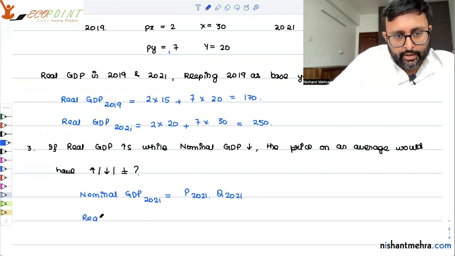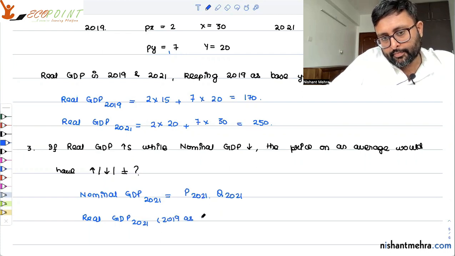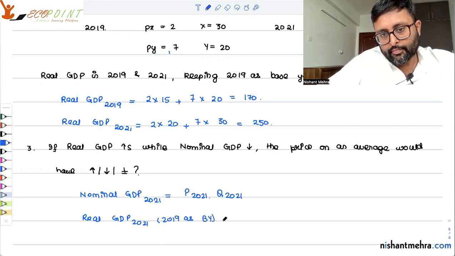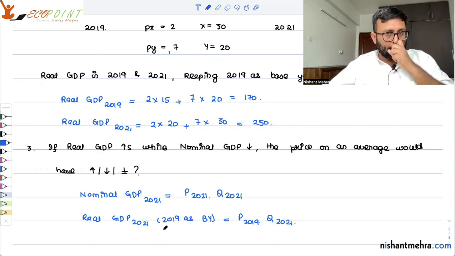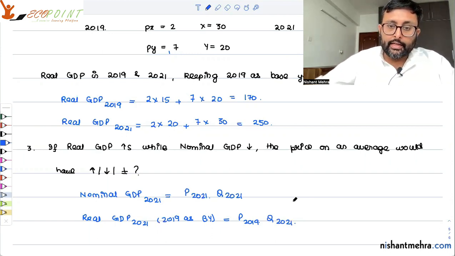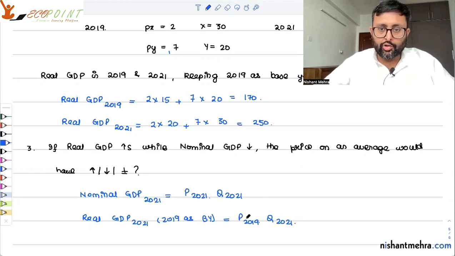When you write real GDP of 2021, keeping 2019 as base year, that is going to be like this. Now what they are saying, real GDP has increased. So it means the prices have not changed. Only the quantity has increased, right?